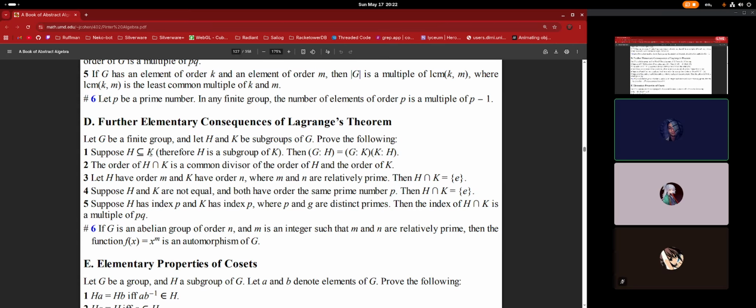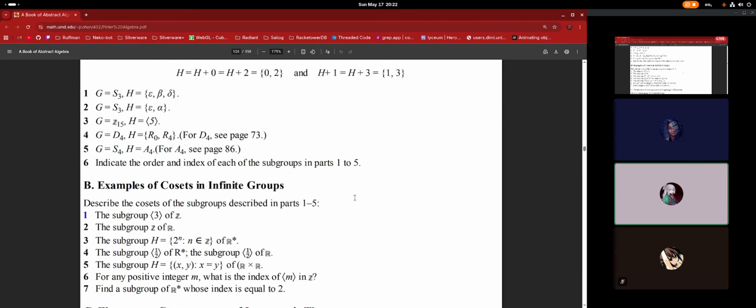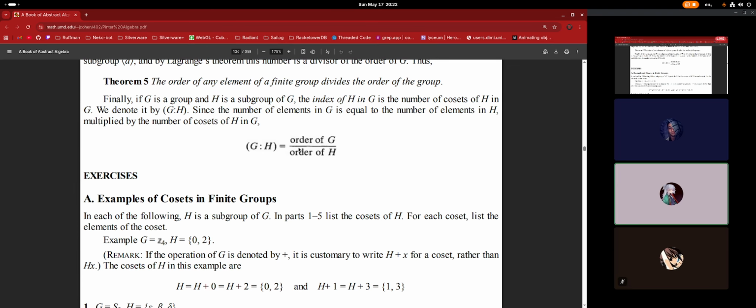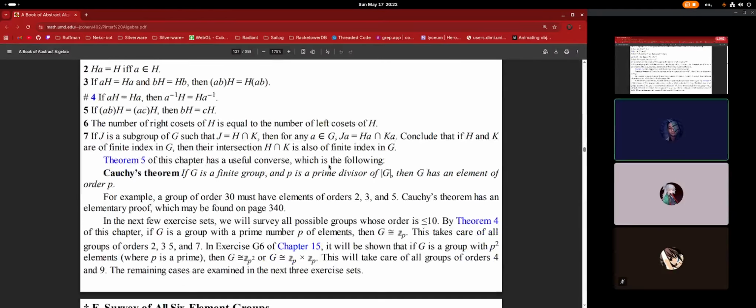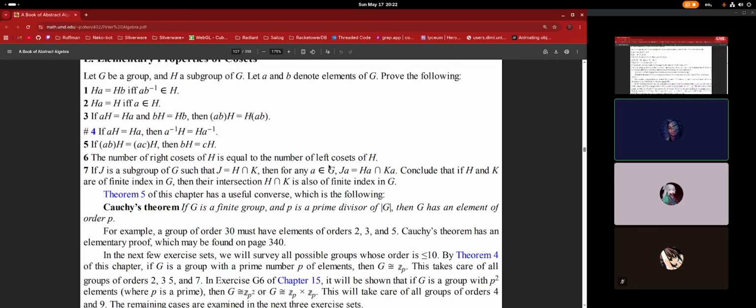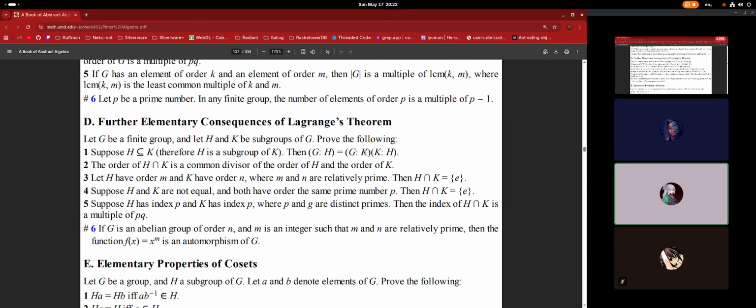But I think we should use the fact that H is a subgroup of K. Well, yes. If H is a subgroup of K, then the theorem applies to that pair of groups. So the order of H must be a divisor of the order of K, since H is a subgroup of K, clearly, right?